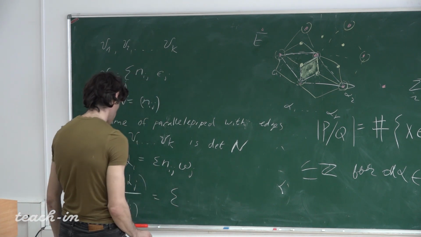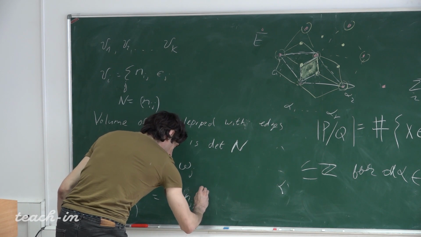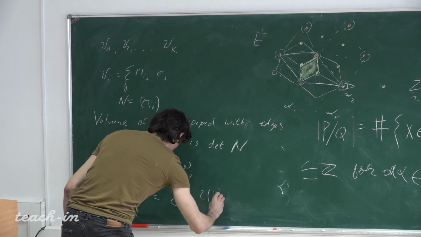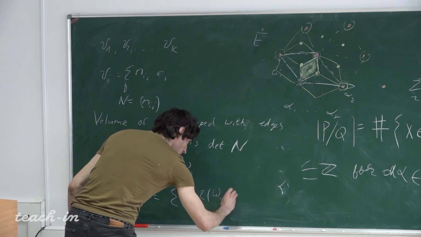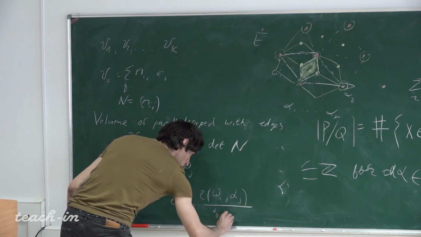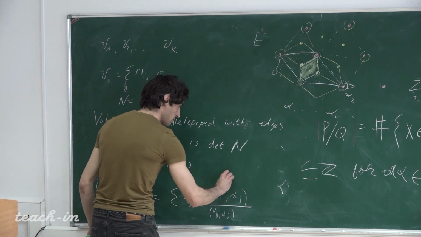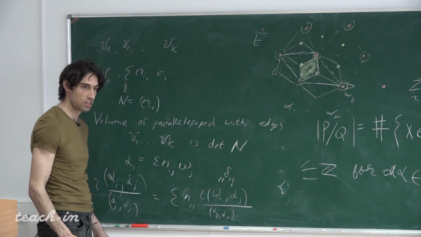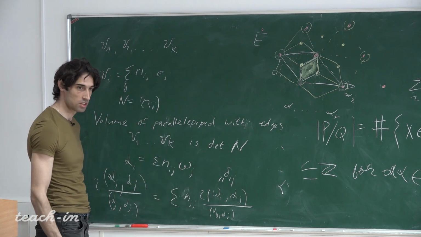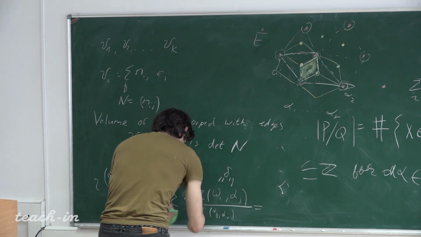I will have the sum over n_ij, and then I will have 2 omega_i alpha_j over alpha_j alpha_j. But this is delta_ij, just from the definition of omegas. So therefore, this is just delta_ij here.